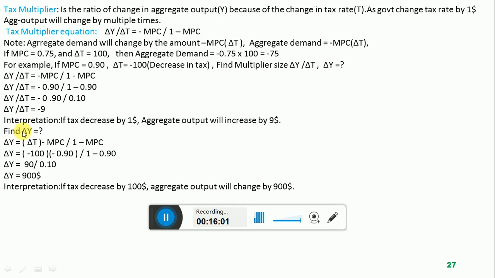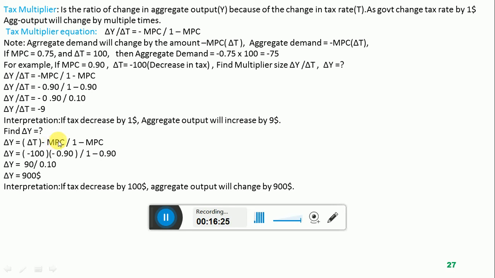In the next part of the question I am calculating delta y, meaning the change in aggregate output. We can find the change in aggregate output using this formula: delta y is equal to delta t multiplied by minus MPC whole divided by 1 minus MPC.